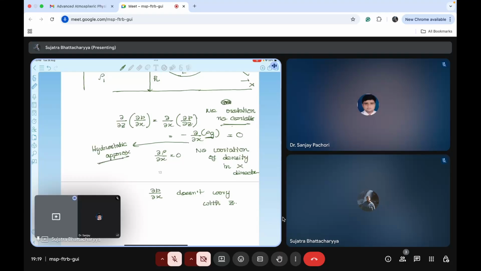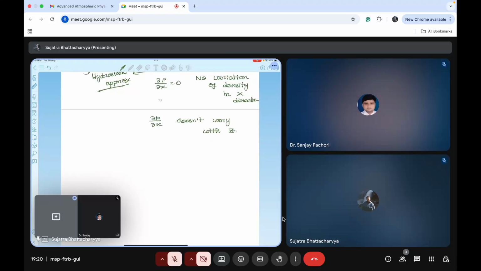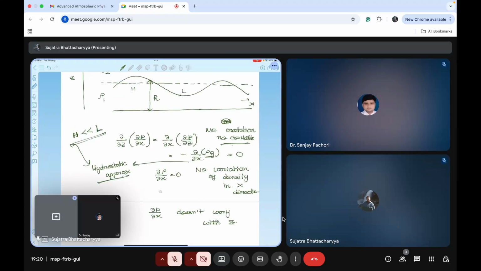This is generally applied where your height scale is much less than the length scale. Then only this hydrostatic approximation will be applied. These are a couple of basic things which you require.